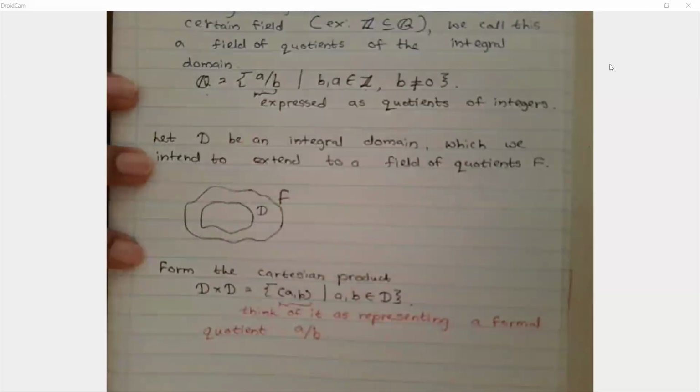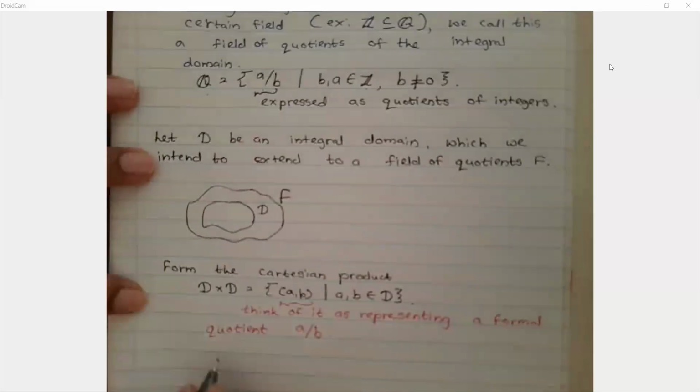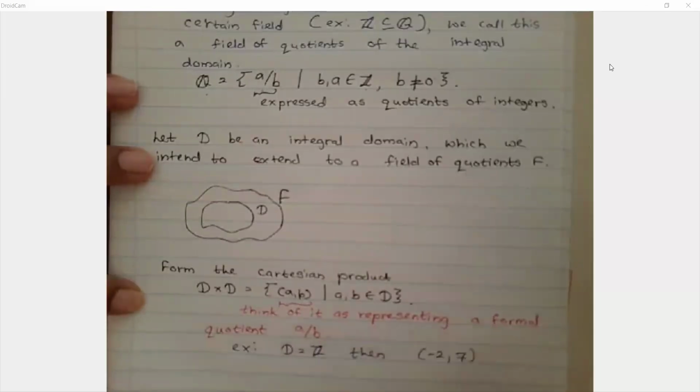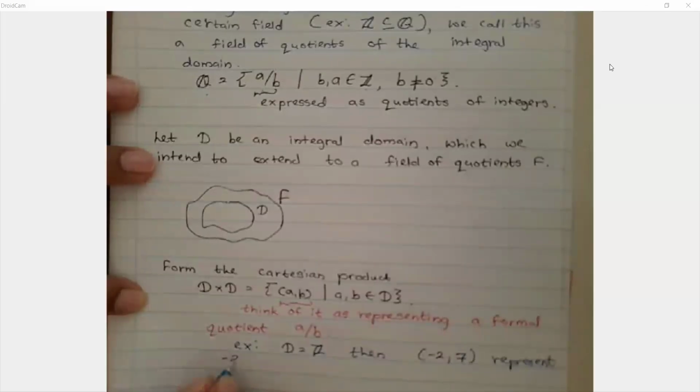Now, what does it mean, first of all? As an example, if you take D to be Z, then -2, 7, this element that you take from this Cartesian product will represent the quotient -2 over 7, right?